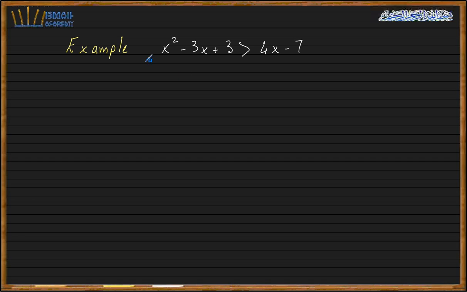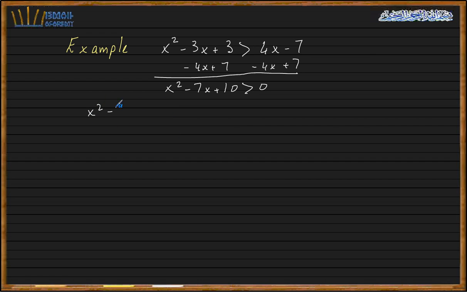Like I say here, first we need to simplify the expression. So what we do here, I will minus 4x plus 7 both sides. So I got x squared minus 7x plus 10 is greater than 0. Now I'm going to solve for this.